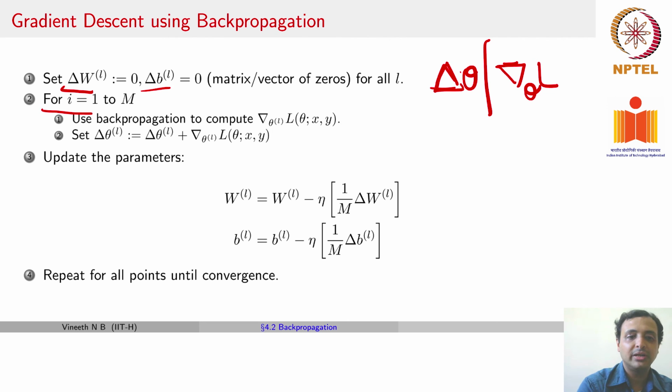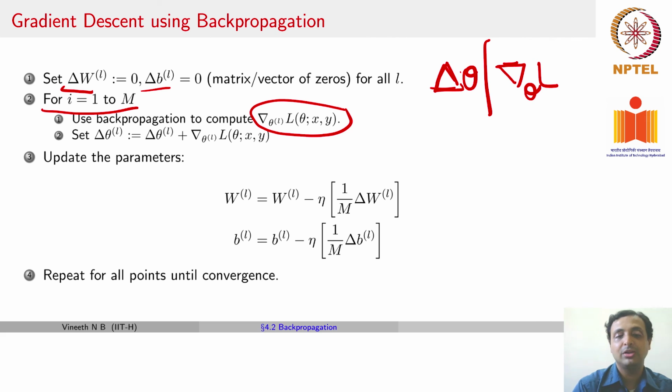Then for each data point in your training data set, you forward propagate that data point, compute the error, compute the loss, and use backpropagation to compute the gradient with respect to every weight in the neural network. That gives you grad L with respect to theta.